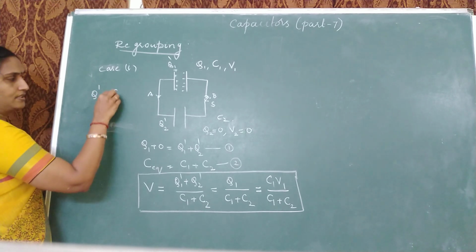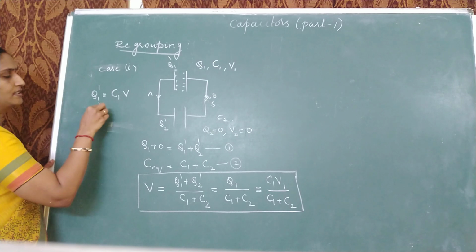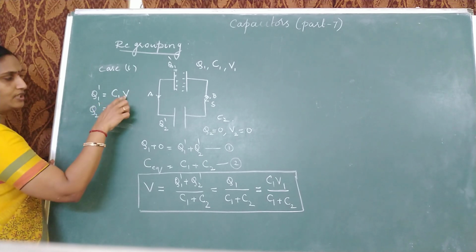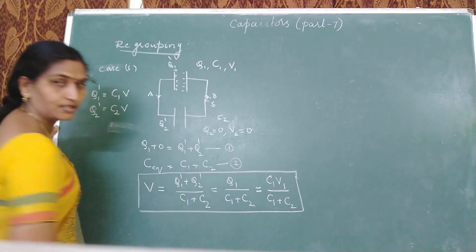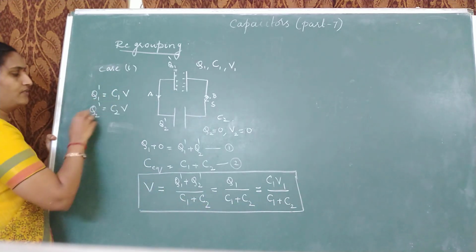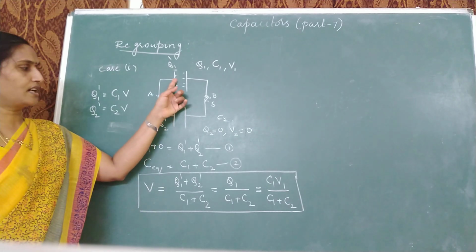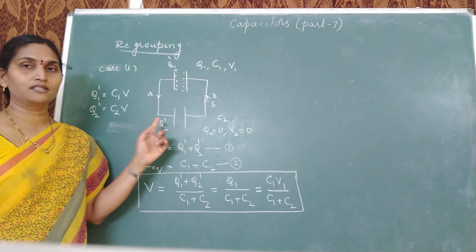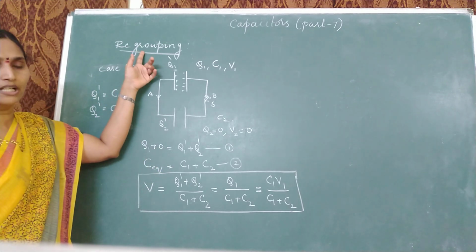Q1 dash will be C1 into V and Q2 dash will be C2 into V, because we already know that common potential, C1 V1 by C1 plus C2. So this is how you can find the charges and the common potential when an uncharged capacitor is connected to a charged capacitor. This is the first case of regrouping.